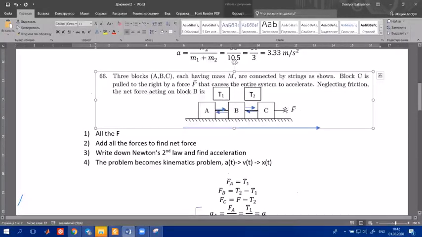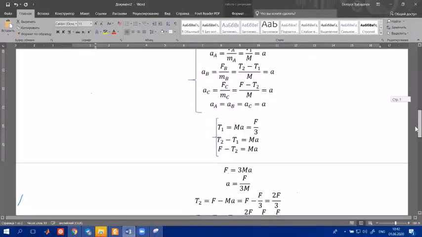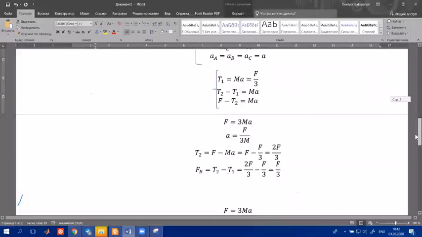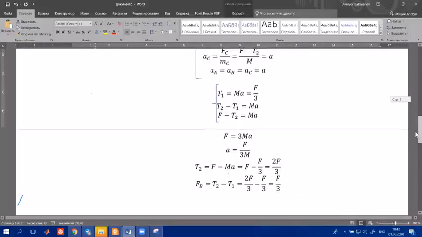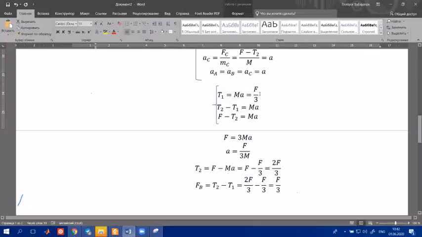Now this tension, so F is 3ma, so tension 2 is 2ma, because it accelerates 2m, and tension 1 is 1ma. So this tension 1 is ma, you see. Tension 2 is 2ma.